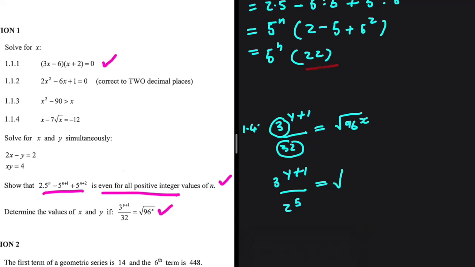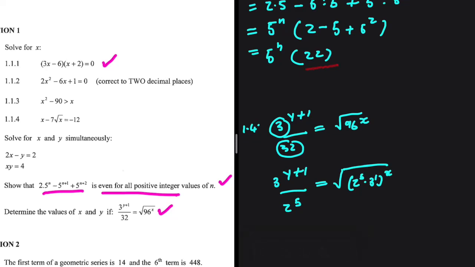We're going to have the square root of, if you want to write 96 using prime numbers, you have 2 to the power 5 multiplied by 3 to the power 1, everything to the power of x. Yes, 2 to the power 5 multiplied by 3 to the power 1 is equal to 96.